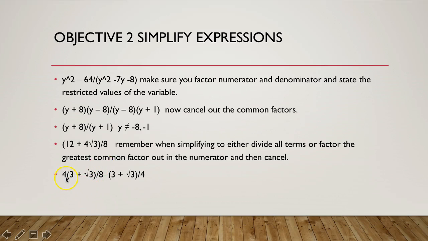So if you factor the 4 out front, you get 4 times 3 plus the square root of 3, divided by 8. 4 goes into 8, and that should leave you a 2 there, not a 4. So it should be 3 plus the square root of 3 divided by 2.